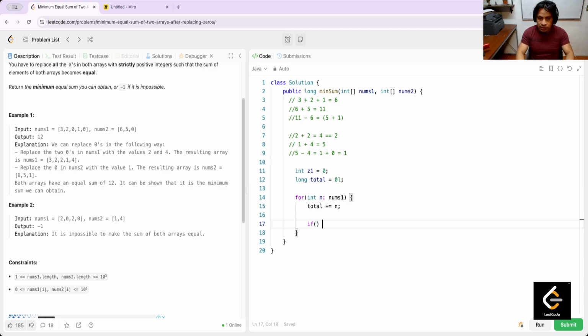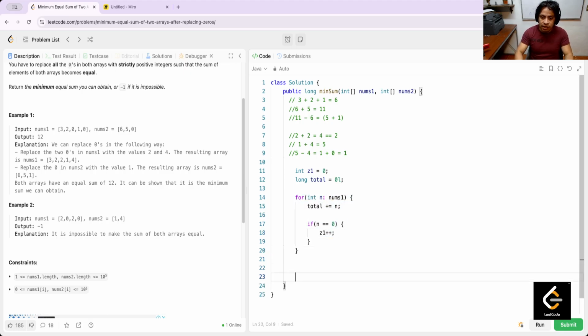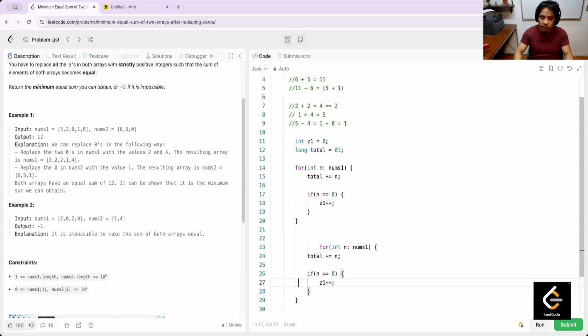And in this case, if n is equal to 0, the counter plus one. And it's the same with the other, but here is n2, total 1.